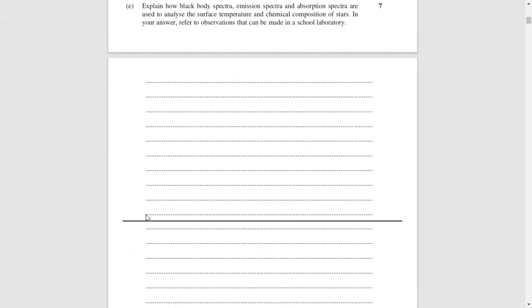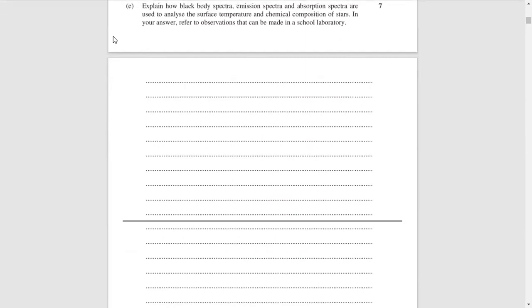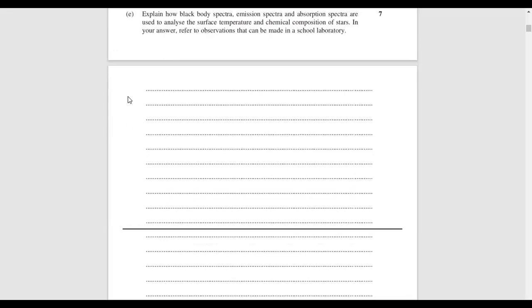Explain how blackbody spectra, emission spectra, and absorption spectra are used in analysis. For 7 marks, you want to explain how blackbody spectra, emission spectra, and absorption spectra are used to analyze the surface temperature and chemical composition of stars, and you want to make reference to your different observations.